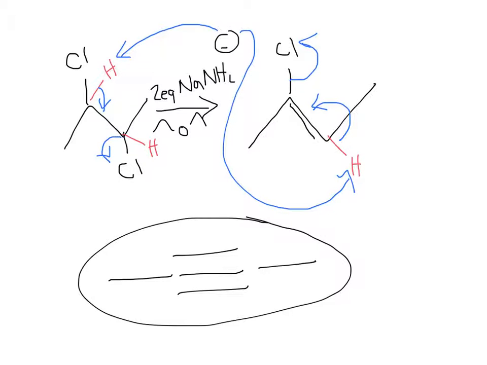The main difference is that if you only have one leaving group, your end result will have only a double bond or an alkene, whereas if you have two leaving groups, the final result has an alkyne or a triple bond.